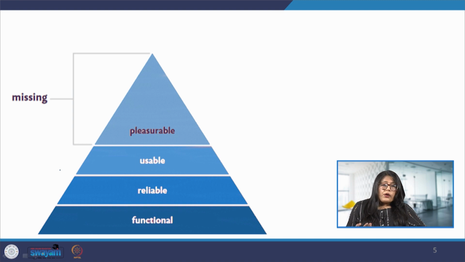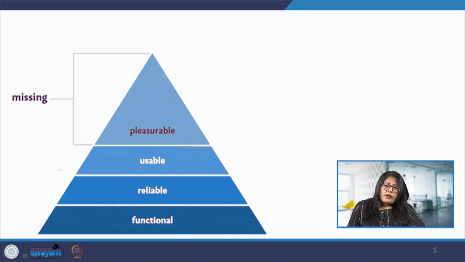Of course, we want products that have all these features, and if we have all these three features in the products, whether tangible or digital, we would be satisfied. We would not have any problem as such. As I gave examples in the earlier lectures, the device should be reliable, it should count my steps, for example, and the usability aspect should also be easy.